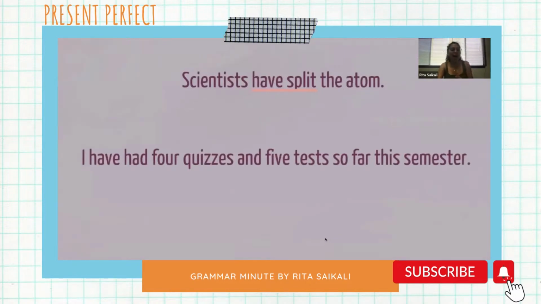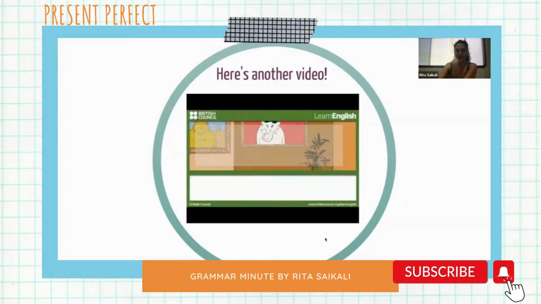I have had 4 quizzes and 5 tests so far this semester. Have had. So even though had is the same verb as to have, right? Yeah. But here it is the main verb. So we can still use have, had to describe an experience.